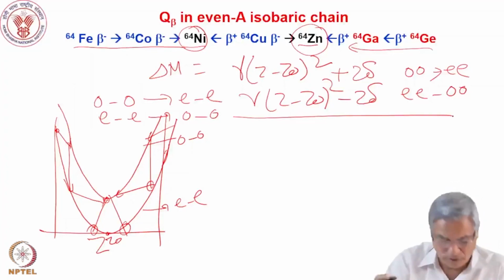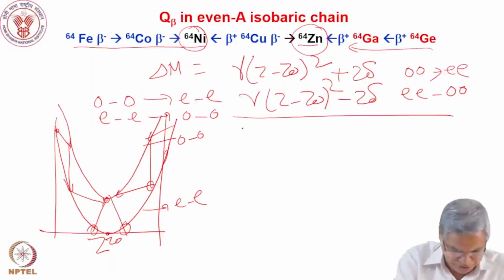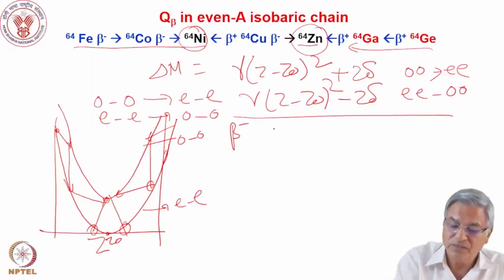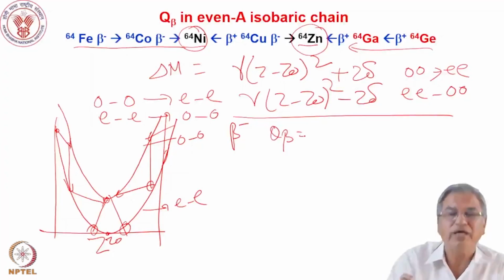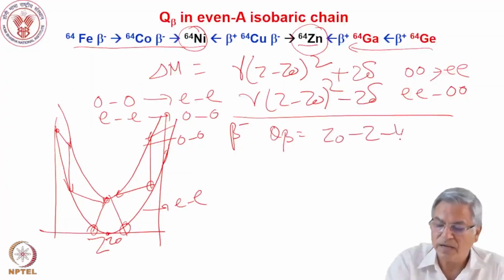So let us now calculate the Q beta for the isobaric chain. So for beta minus decay, we have already seen the Q beta equal to, for odd A isobaric chain, it was Z0 minus Z minus half 2 gamma.